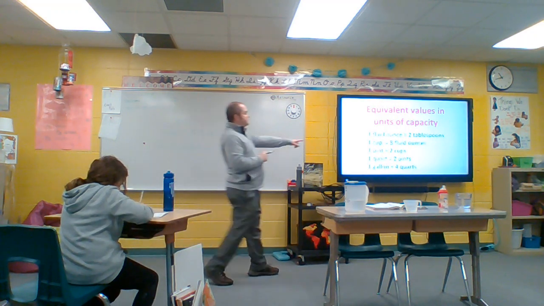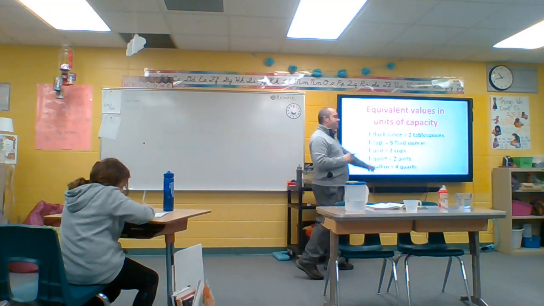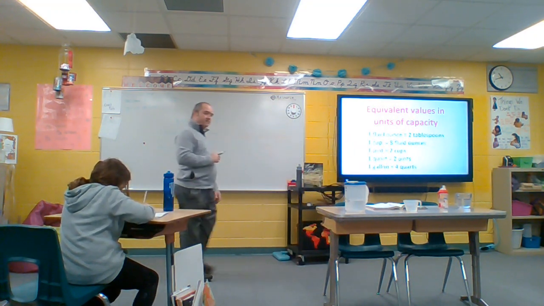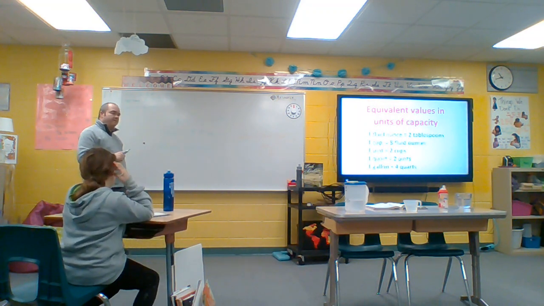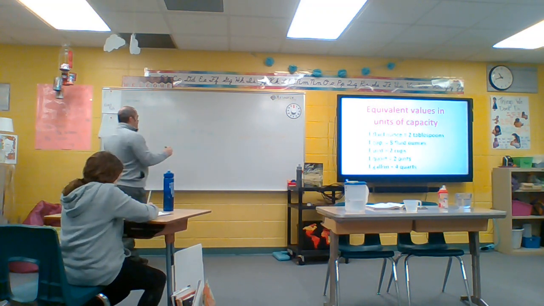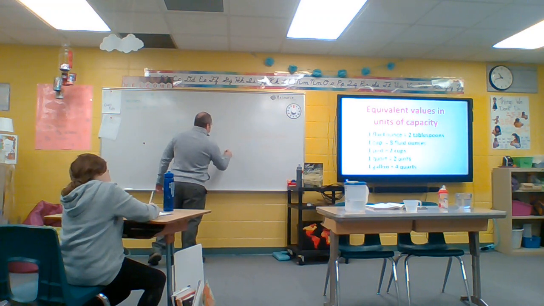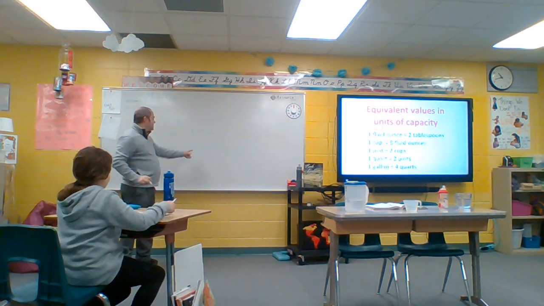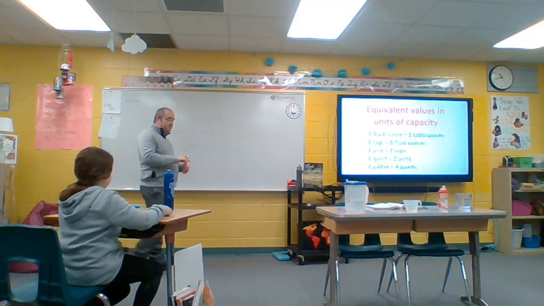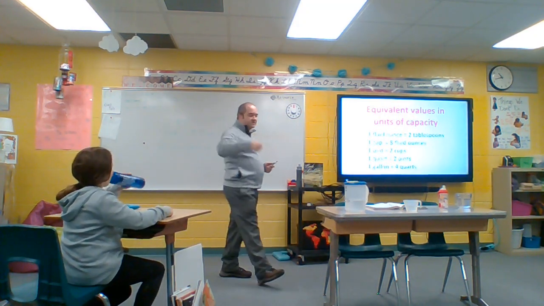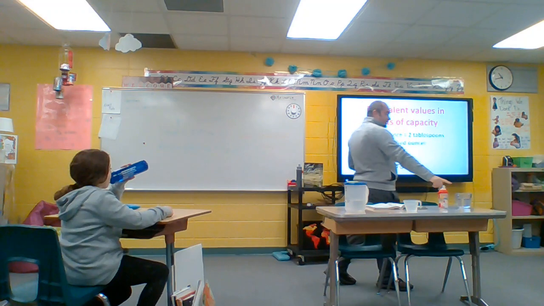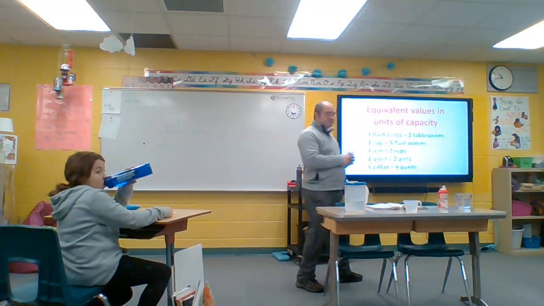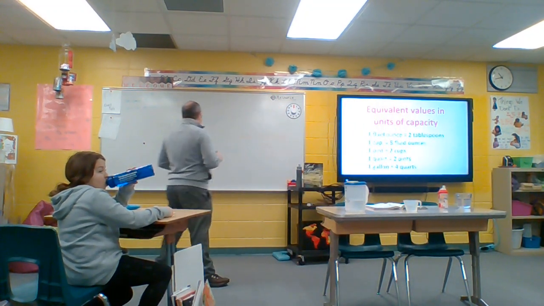We can use our equation right here. If I have 2 cups, how many pints is that? Here goes. 1 pint equals 2 cups, which is also equal to 16 fluid ounces. So if I measured 16 fluid ounces and put it in there, it would be the same as 2 cups.